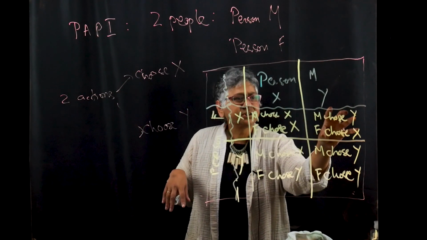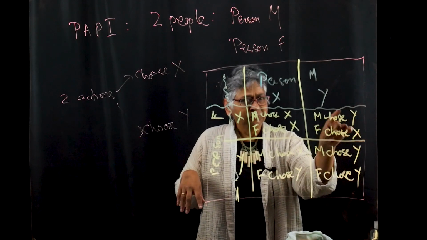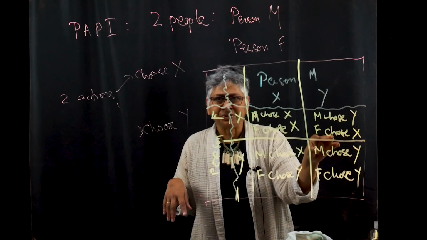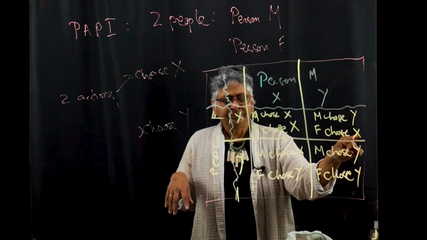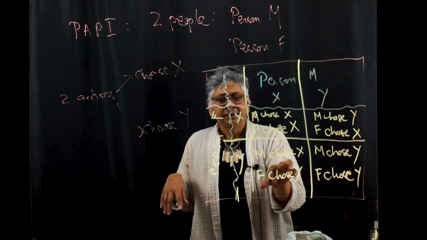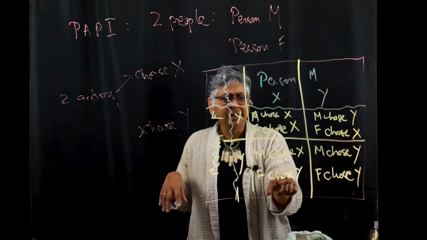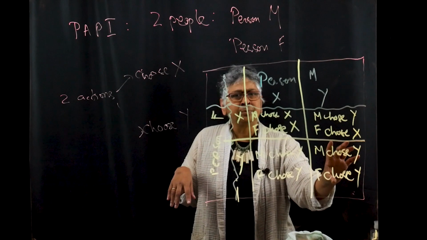In this box, M chose Y, so no longer at X but at Y, but F is still choosing X. So the choice set becomes YX. Over here, person M is choosing X, but person F is choosing Y. So M chooses X, F chooses Y. Over here, both choose Y.